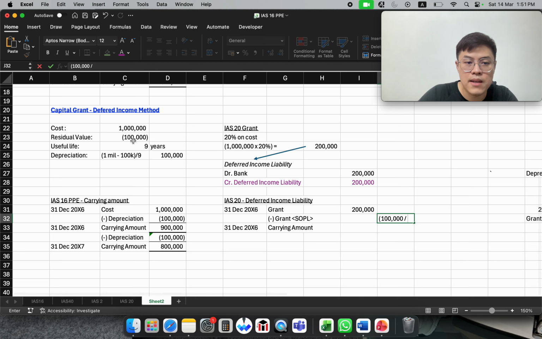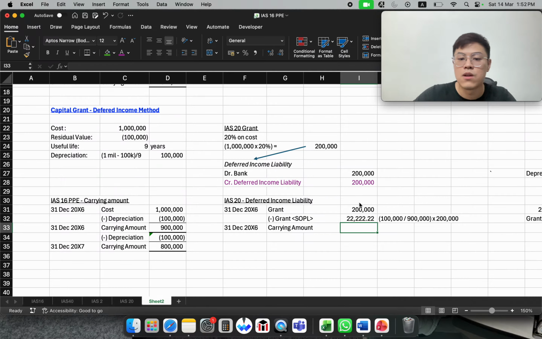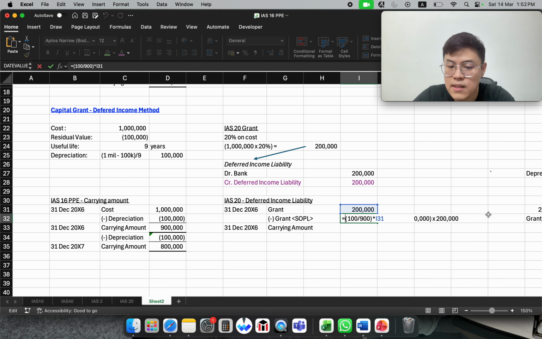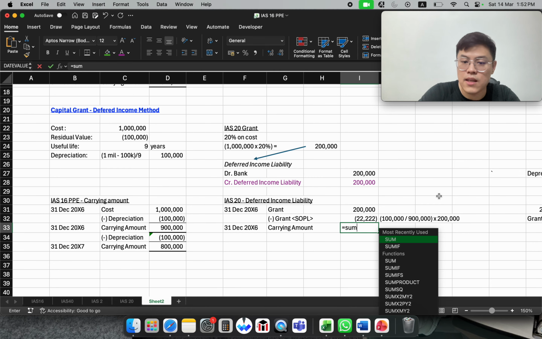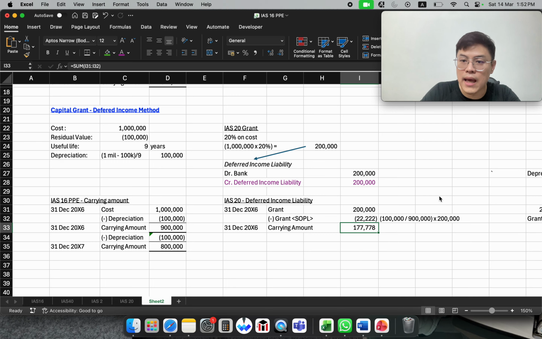Cost 1 million minus residual value 100k, meaning 900,000, and only times my grant, which is 200,000. And with this, you will get 22,000.